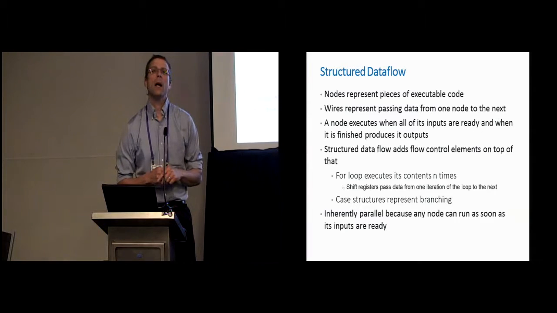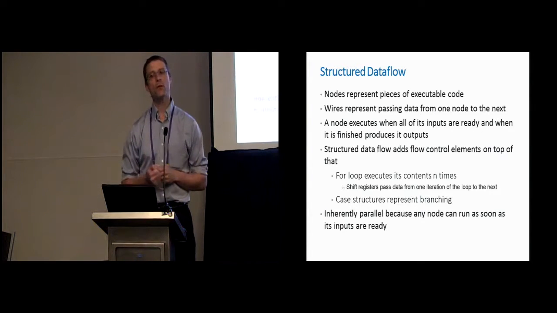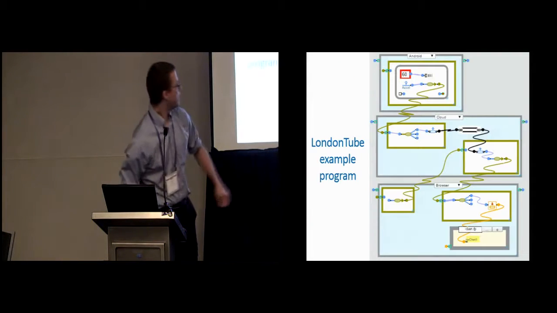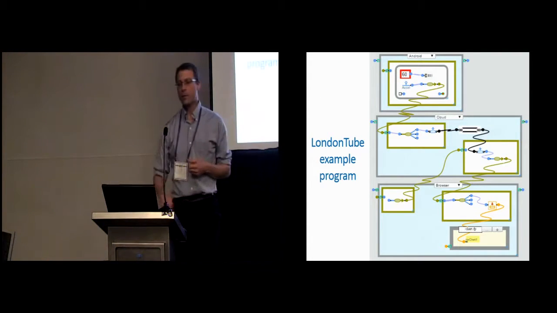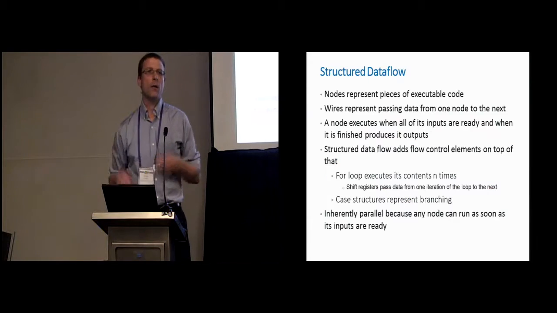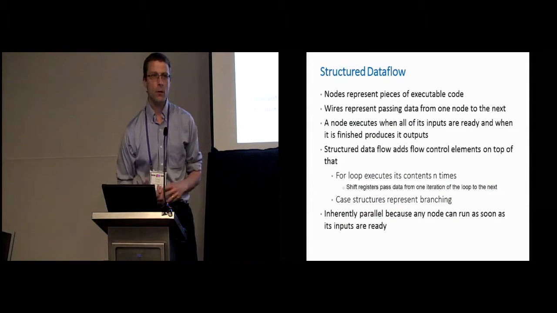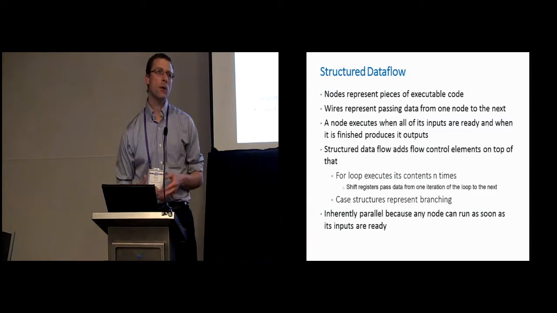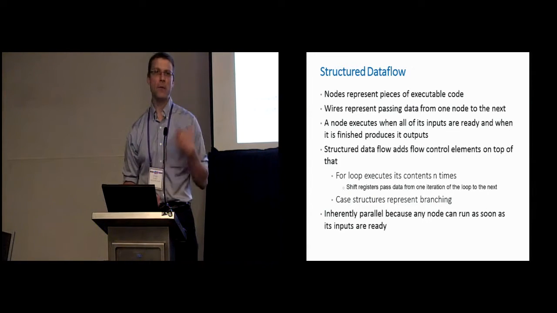What LondonTube inherits from LabVIEW is structured data flow within each of these event handlers. When you receive an event, structured data flow will execute. It also inherits the Turing completeness of LabVIEW. So if you can compute it in Java, you can compute it in LabVIEW, and so you can compute it in LondonTube.